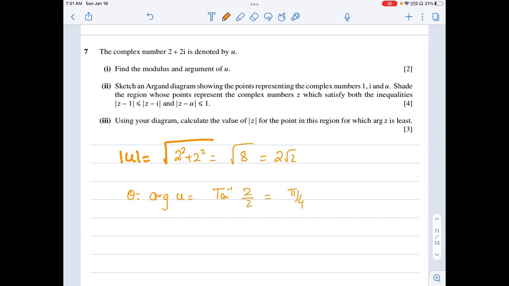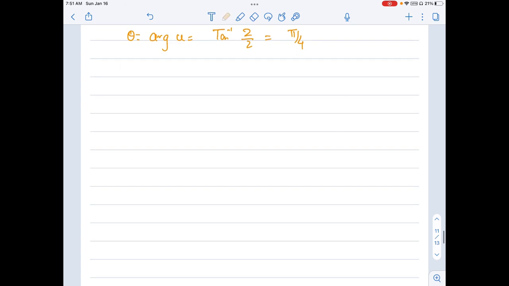Sketch on the Argand diagram showing the points represented by the complex numbers 1, i and u. Shade the region in between them. So quickly, what am I going to do? I'm going to draw an Argand plane, x-axis and y-axis.